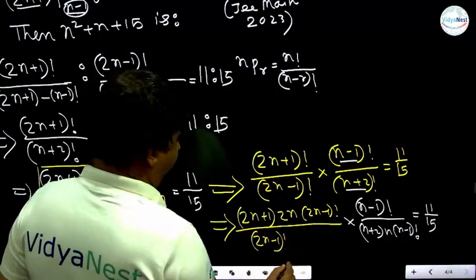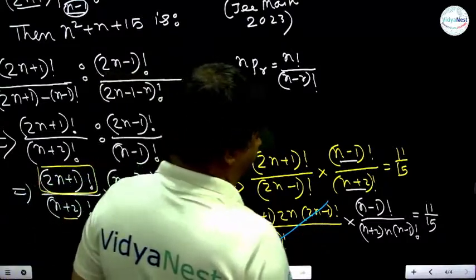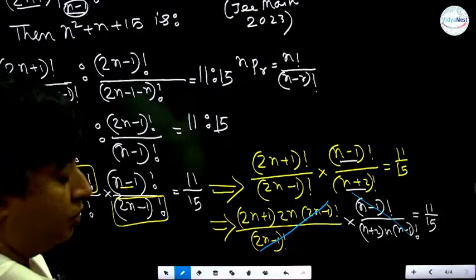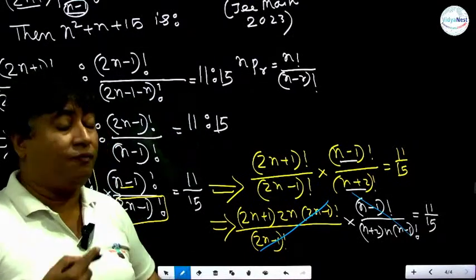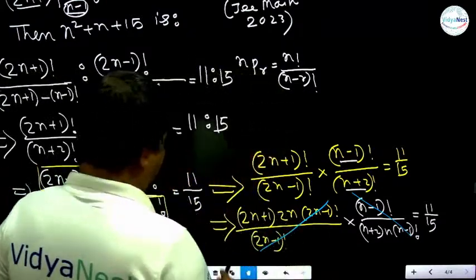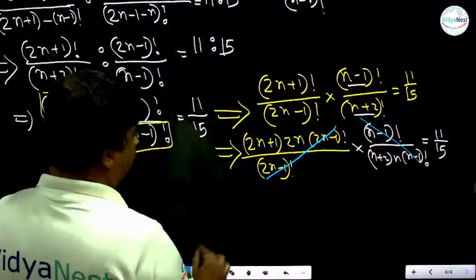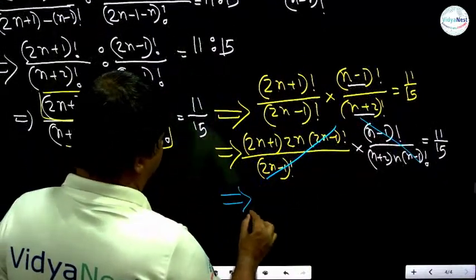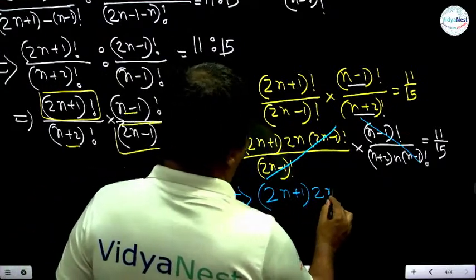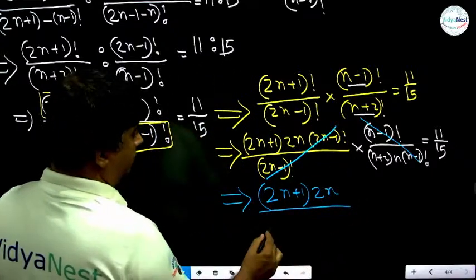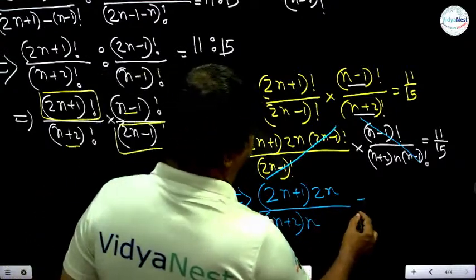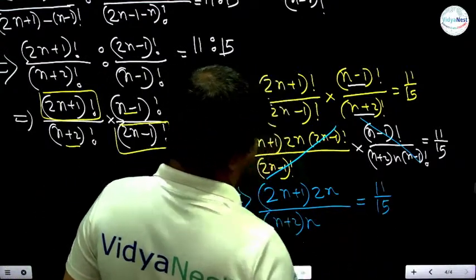We can cancel from here 2n minus 1 and from here n minus 1. So gradually we are tending to the final conclusion. So what is left for us? 2n plus 1, 2n by n plus 2 into n, that is 11 by 15.